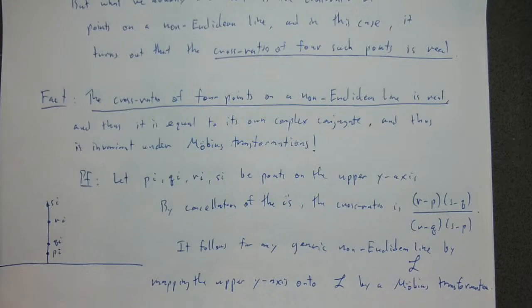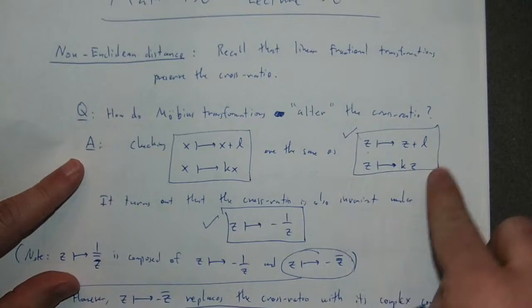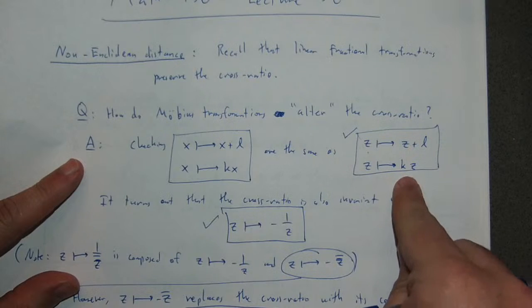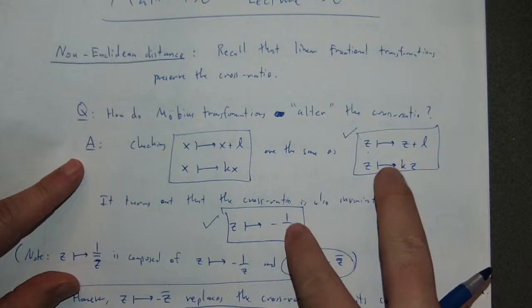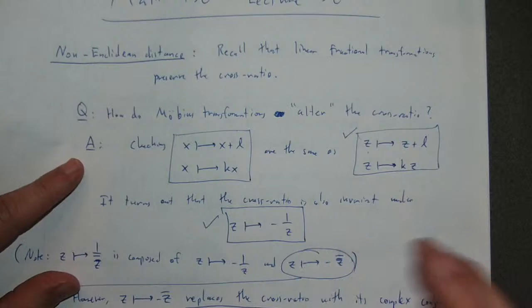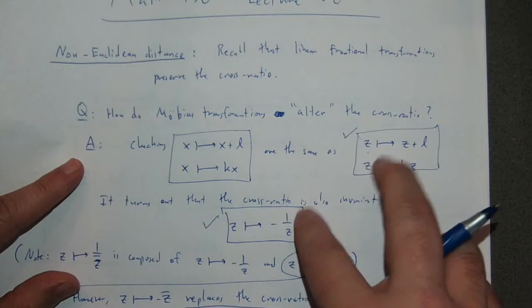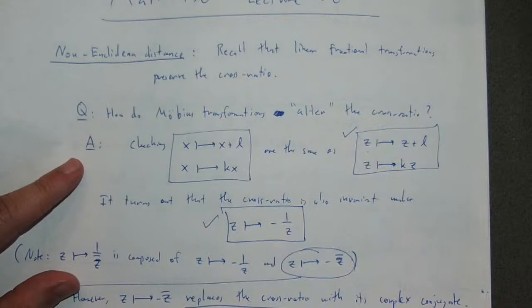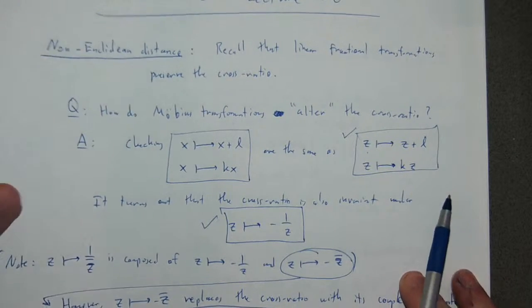Okay, so let's go back, previous page. I can use these perfectly fine. And I can use this, right? So any Möbius transformation that results as a combination of these three generating transformations is good to go. This is the only thing I'm not allowed to do. But to map the upper y-axis onto a generic non-Euclidean line, I actually only need to use these. I don't need this one. Okay.